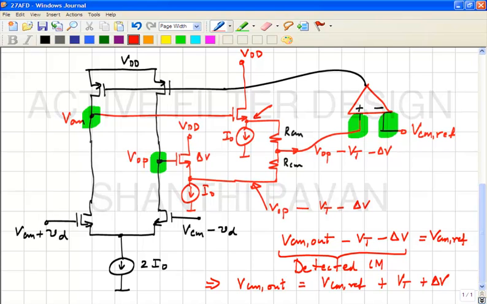All right. Now, how will you fix this problem? So, we realize that if you want to fix this, instead of having VCM ref, if the reference to the common mode loop was VCM ref minus Vt minus delta V, then the output would be VCM ref. Okay, so how do you generate VCM ref minus Vt minus delta V? You can copy and paste half of the detector.